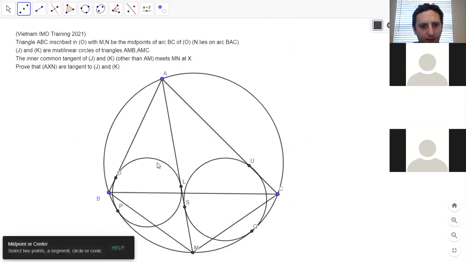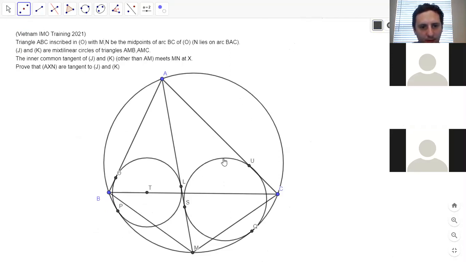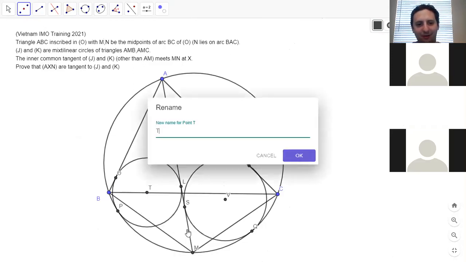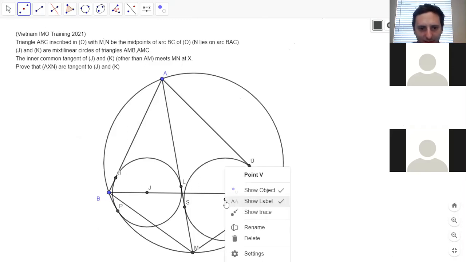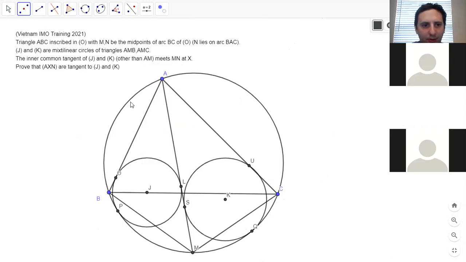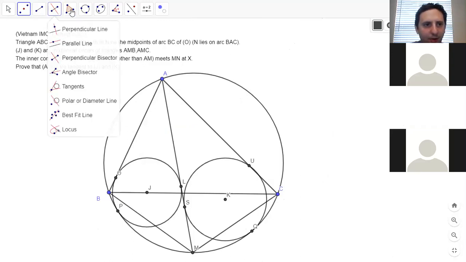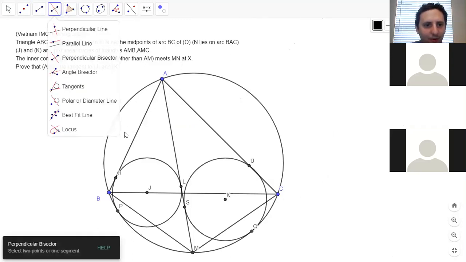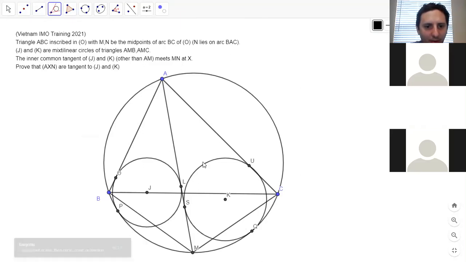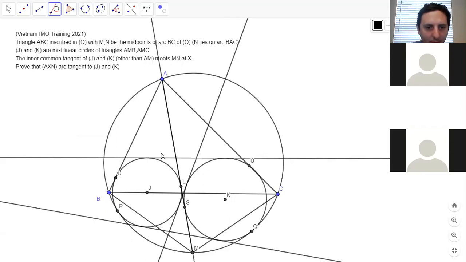I was going to say, that would be really weird if it lay on BC. Okay, J and K. And then we draw the common tangent. Oh boy, we're going to see a whole bunch of tangents here. So the inner common tangent. So I'm going to have to hide a bunch.